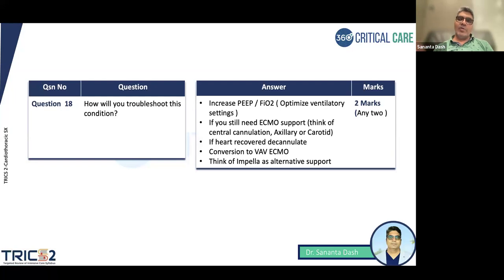Or instead of VA, you can change the configuration to a VAV configuration. As an alternate, you can put an Impella also in this case. But usually, the things that we do are increase the PEEP, FiO2, and look for taking the patient off the ECMO, which usually helps. Very rarely you put a VAV or you need something like an Impella to boost the cardiac output, right?